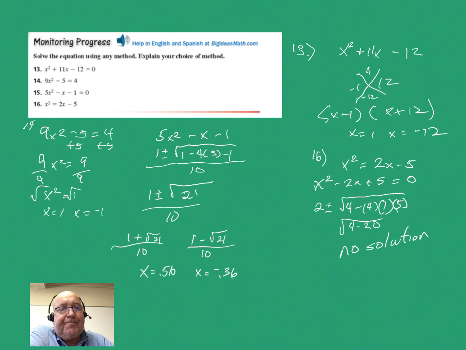I just had the x squared term and have no x terms, so square roots will work the easiest on that. Number 15, I used the quadratic formula. It just felt pretty easy that way. And I could have tried completing the square on 16, but I saw that as I did the quadratic formula that the discriminant was negative, so there's no solution there.